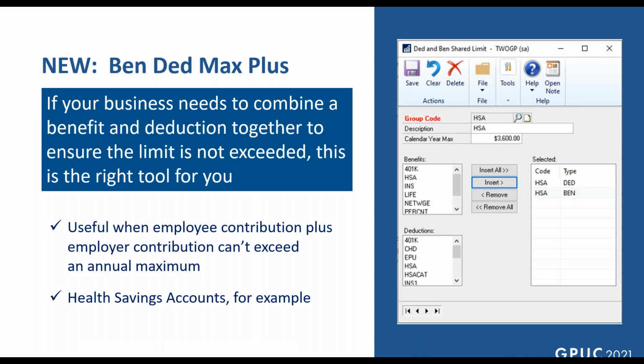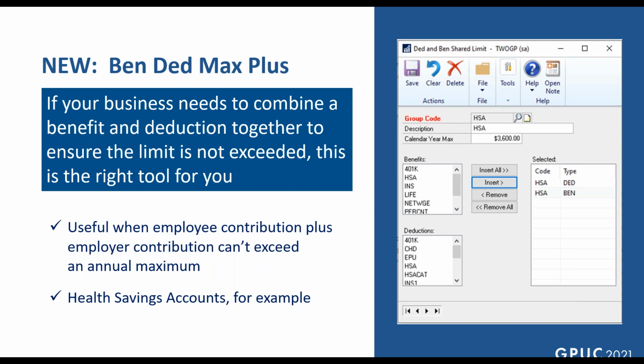And then the last tool we'll talk about today is Benefit Deduction Max Plus, or BenDed Max Plus for short. In 2018 R2, GP added a feature that lets you have groups of benefits or groups of deductions, but it does not let you have both benefits and deductions together in the same group.